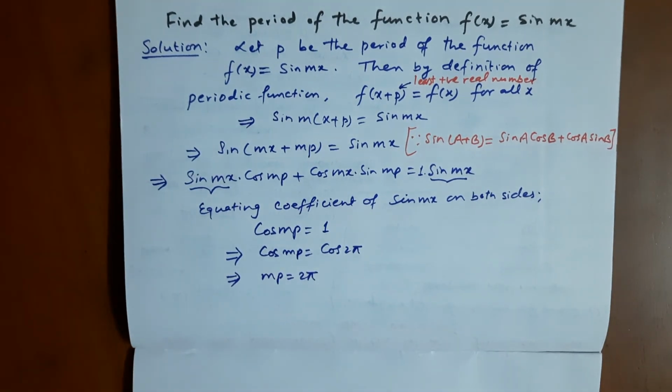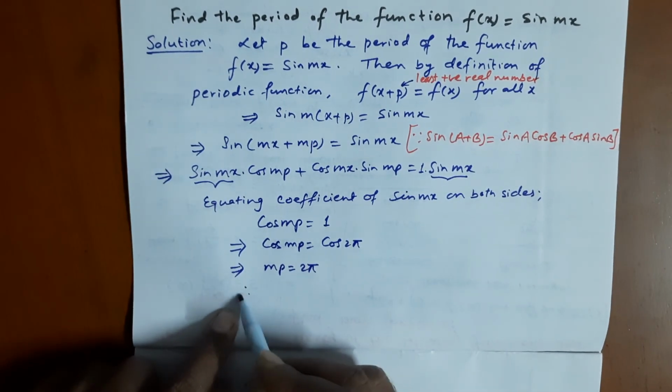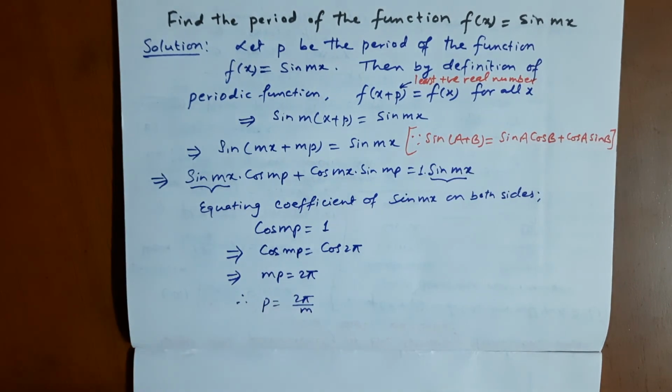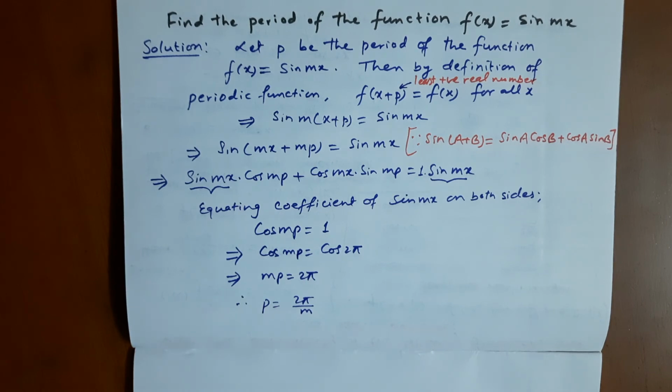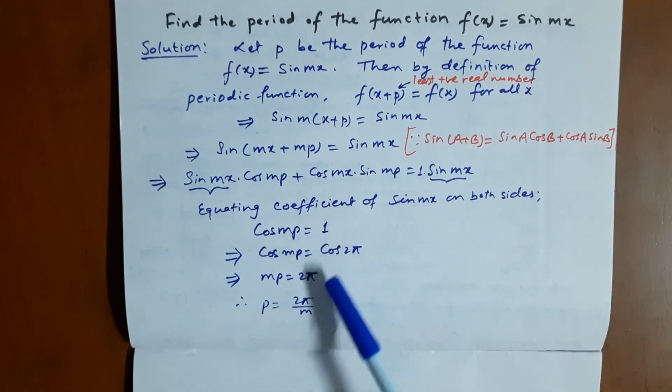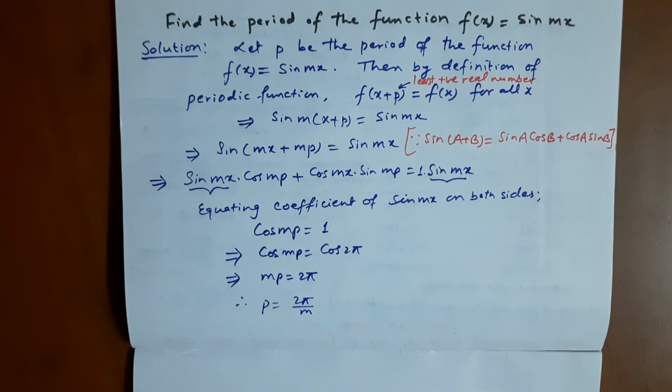And therefore p equals 2 pi over m. So the formula for the period of the function f(x) equals sin(mx) is 2 pi over m. If here it is sin(nx), here it will be 2 pi over n. In this way, the formula for the period of the function f(x) equals sin(mx) is derived.